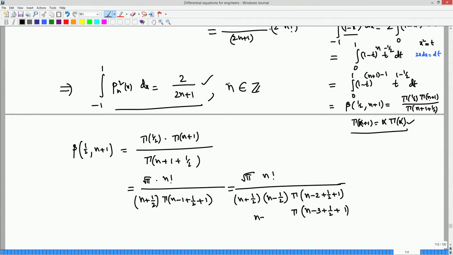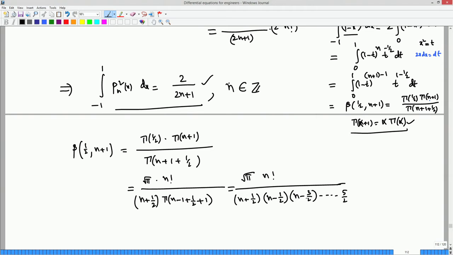So, n minus 2 plus half is n minus 3 by 2. So, this into this is equal to this. You can go on writing like this. What you see is you will end up with n minus 3 by 2 and so on. Finally, you end up with just 5 by 2.